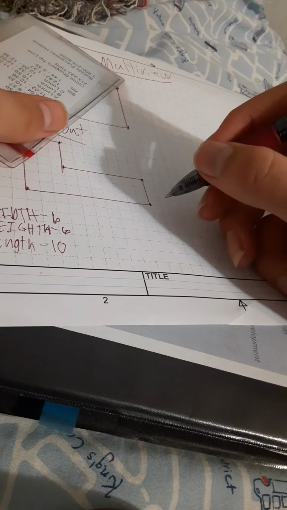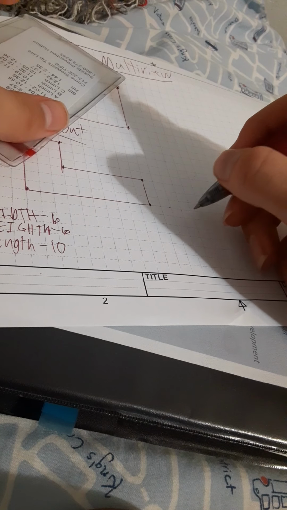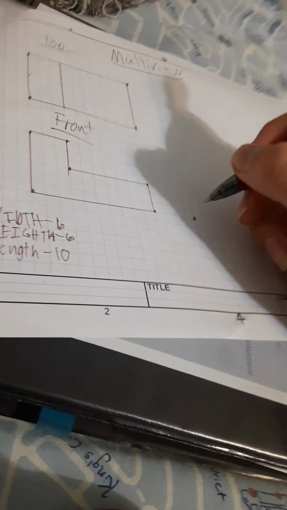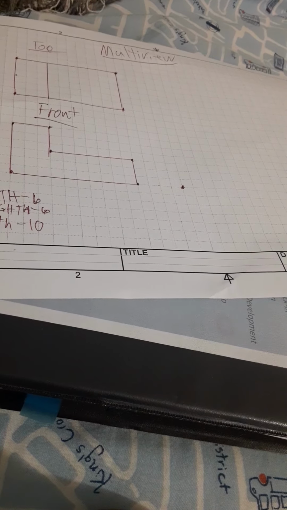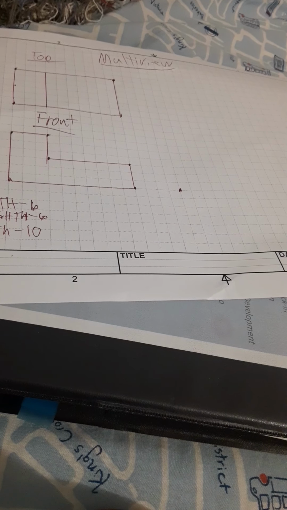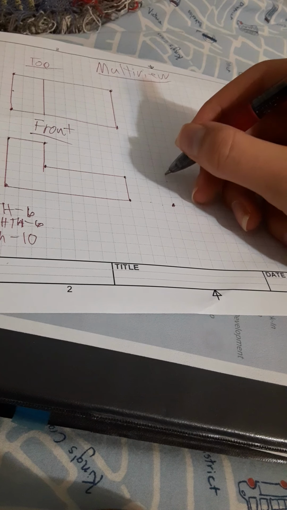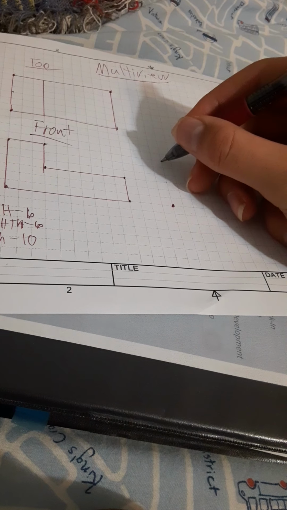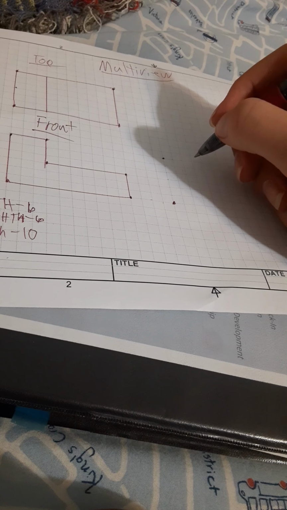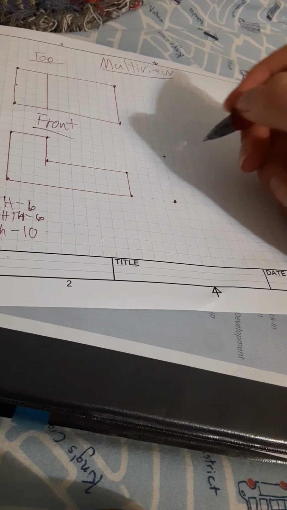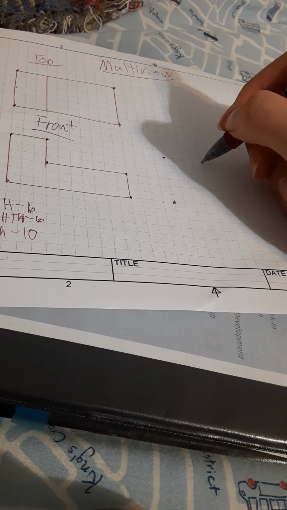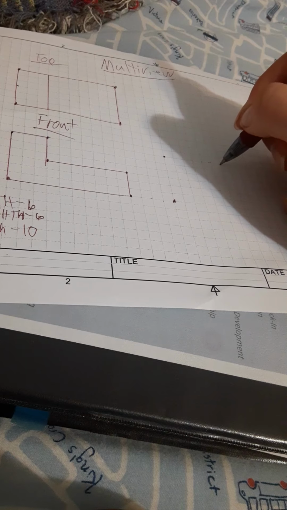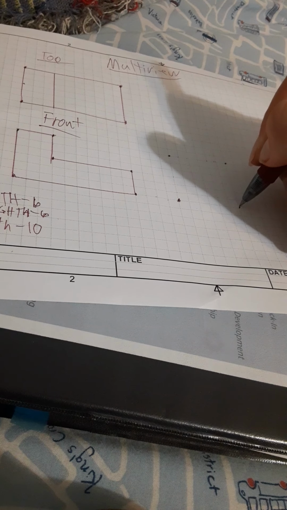Alright, now you're going to go another 4 dots to the right. And then you're going to see what this looks like whenever you rotate it to the right. Okay, so now you're going to go up 6. 1, 2, 3, 4, 5, 6. 1, 2. 1, 2, 3, 4, 5, 6. And then down there. Right.